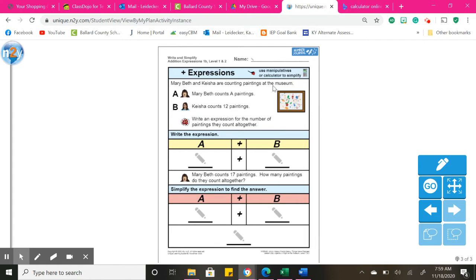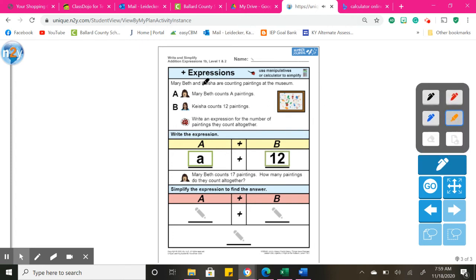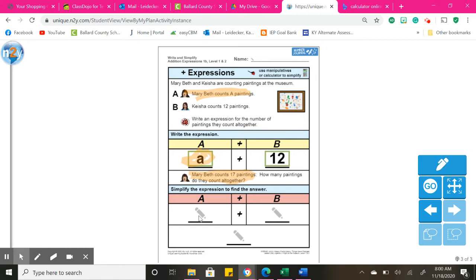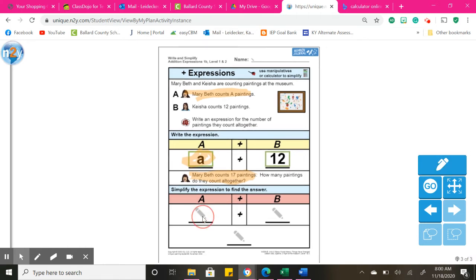Mary Beth and Keisha are counting paintings at the museum. A, Mary Beth. We don't know A, so A is A. Yet B, Keisha counts 12 paintings, so B is 12. Now we know Mary Beth. We did not know Mary Beth up here. Hers was just A. But now Mary Beth counts 17 paintings. So now we know A is 17.